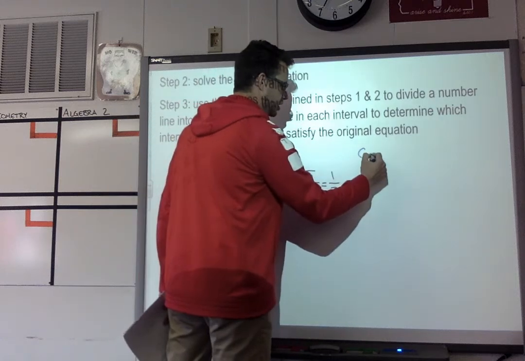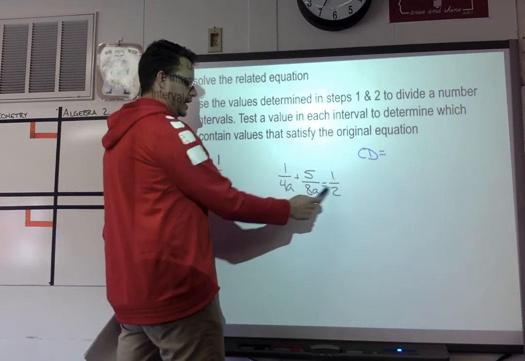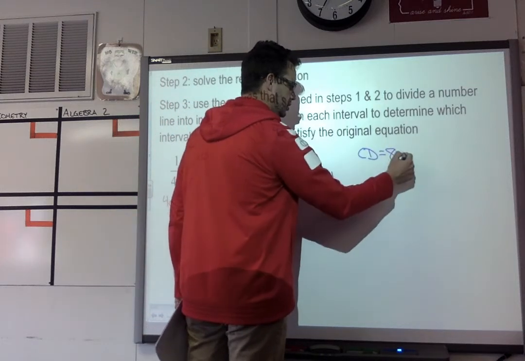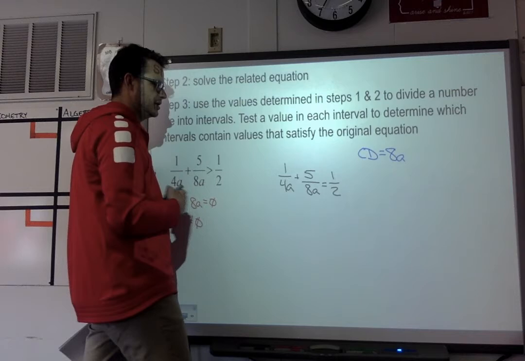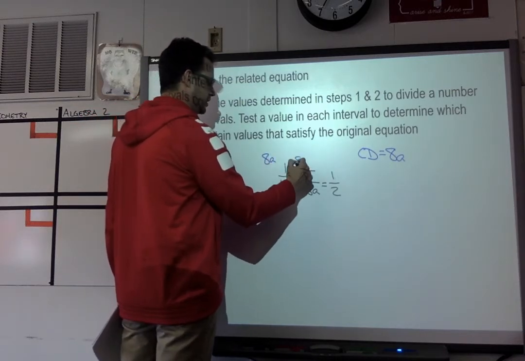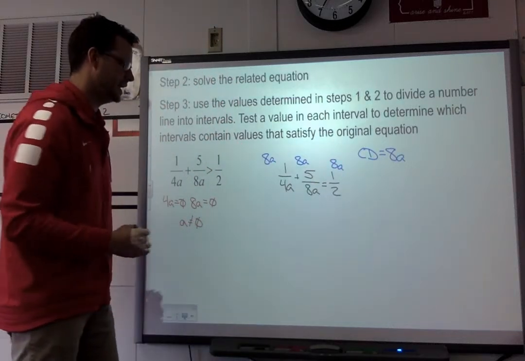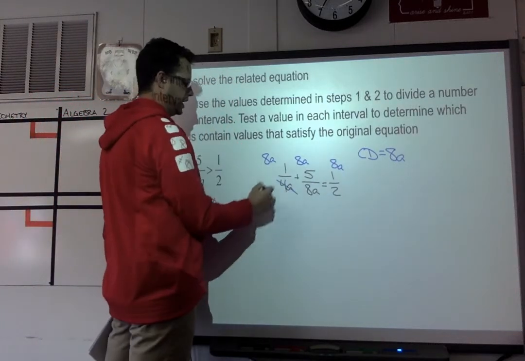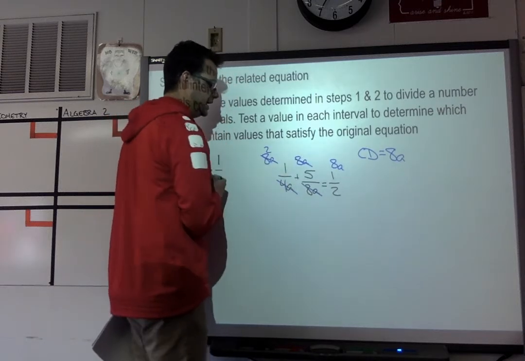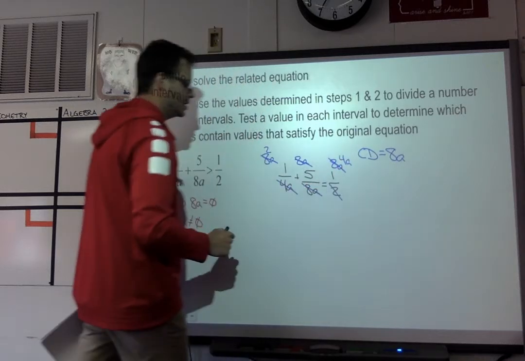We need to find that common denominator, which would be between 4, 8, and 2. The smallest number those all go into is 8. And then we need to include that variable of a. So the common term we're going to multiply each of these by is 8a. So this will cancel. We're left with 2 here. 8a's cancel, the 2 cancels, and we're left with 4a.